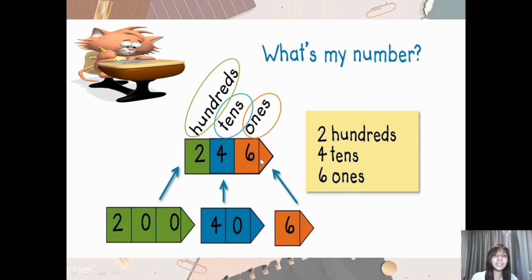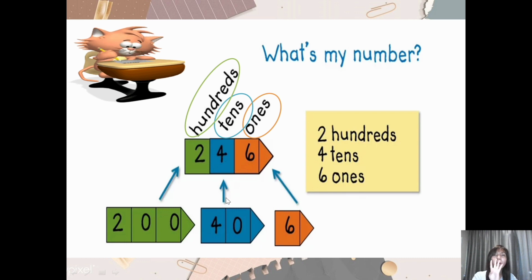Okay. Here is the example of the expanding form. 6 means ones. So every unit, how many units? 6 units. Alright. Here in the color blue, it is by 10, right? By 10. So 4, we have 4 tens.